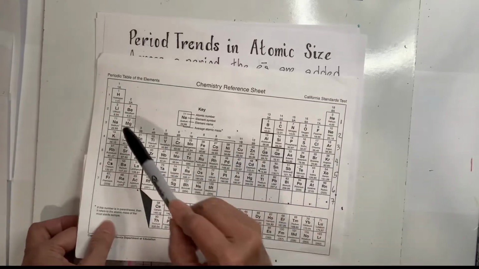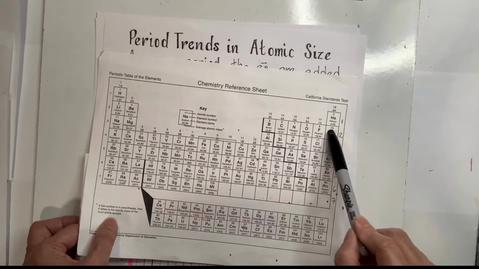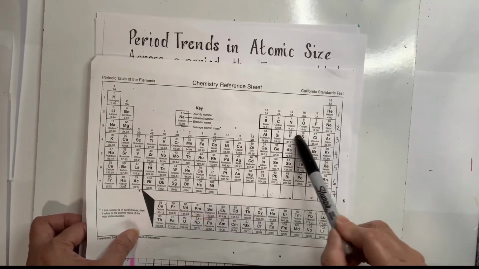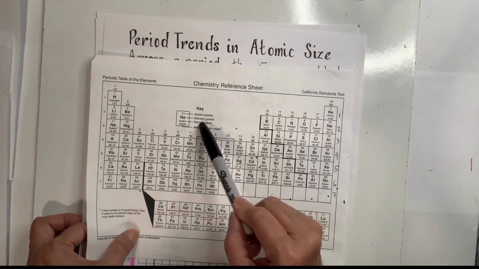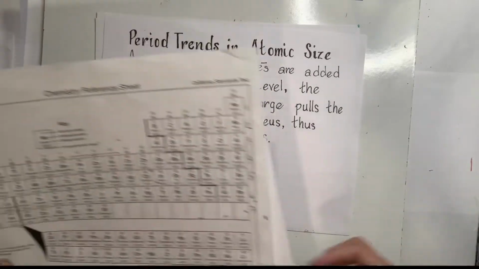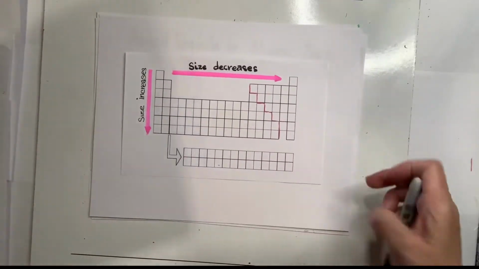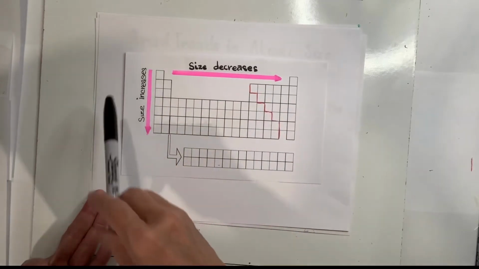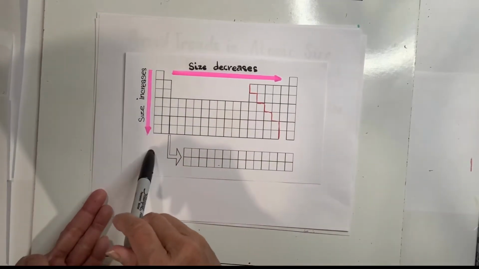So, as the electrons are being added in the same period, the size gets smaller because of the increasing nuclear charge pulling effect. Okay? So, we generalize it. The size decreases from left to right and increases from top to bottom.